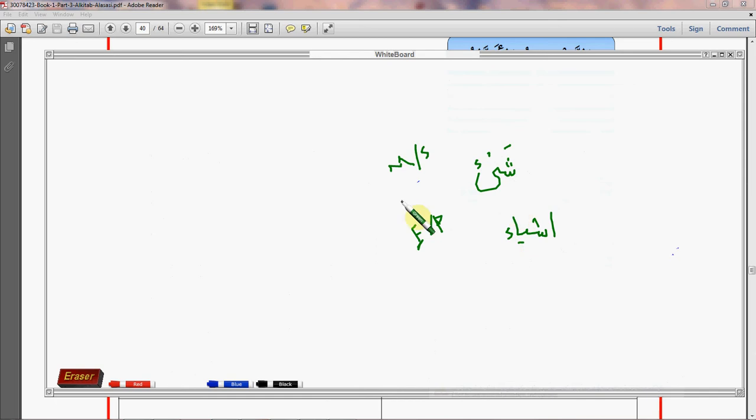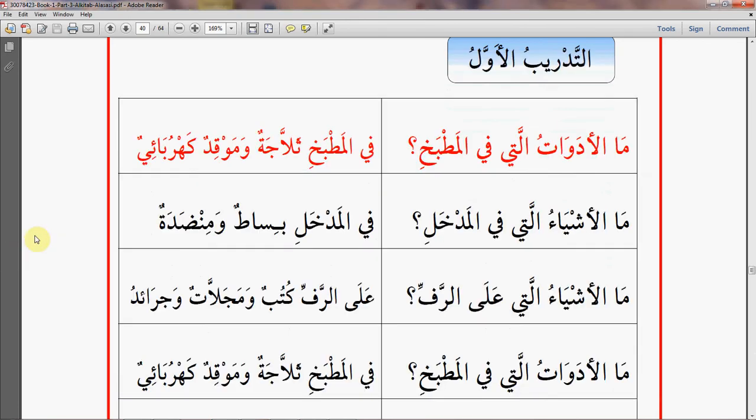Any plural for things or animals will be treated like feminine singular, even if it is masculine when singular.